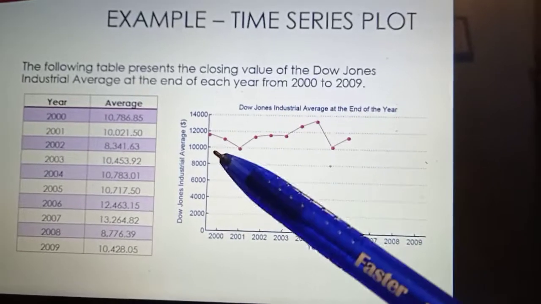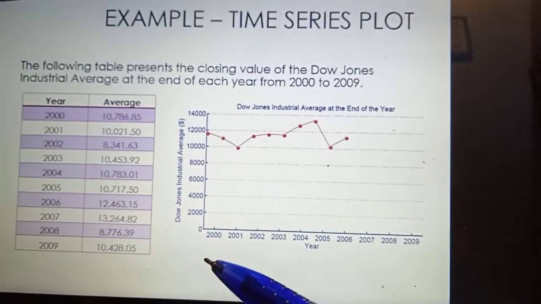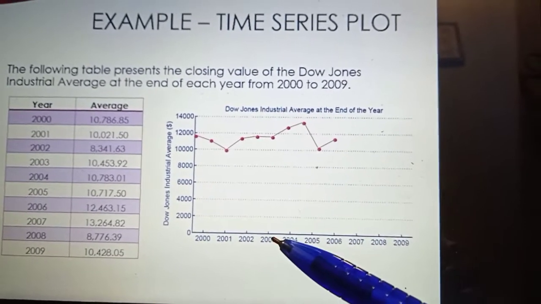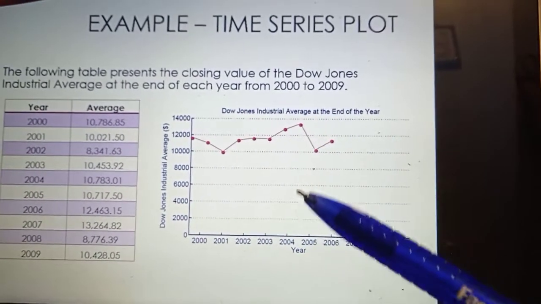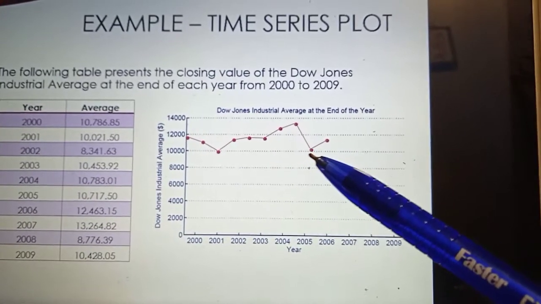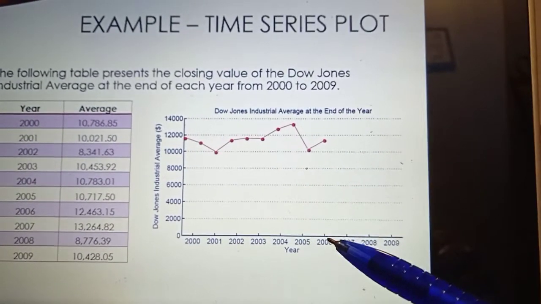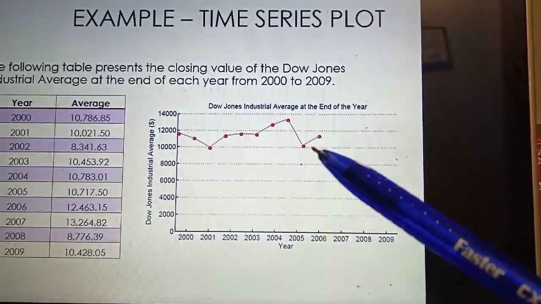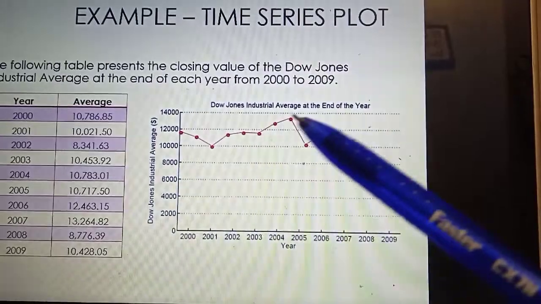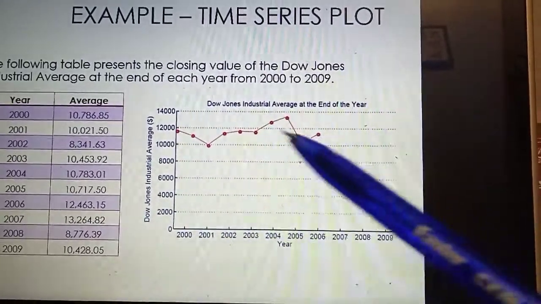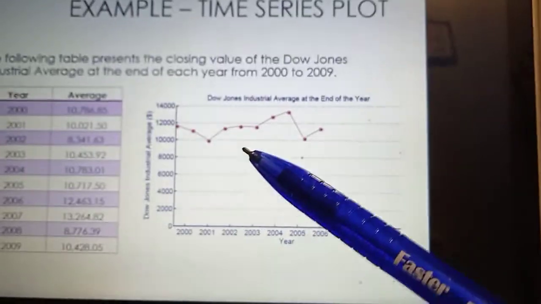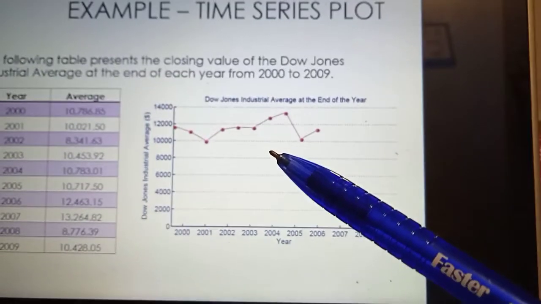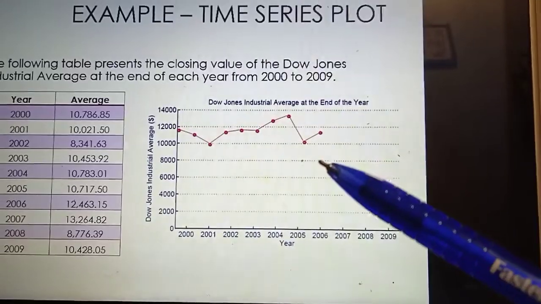The data goes down from the start in 2000 until 2001, then goes up again until 2003, and up until 2005. Between 2005 and 2006 it goes down a bit, and then to 2006 it goes up a little bit. So this is the trend. From here we can analyze the trend of the data from year to year, from the starting year to the end year.